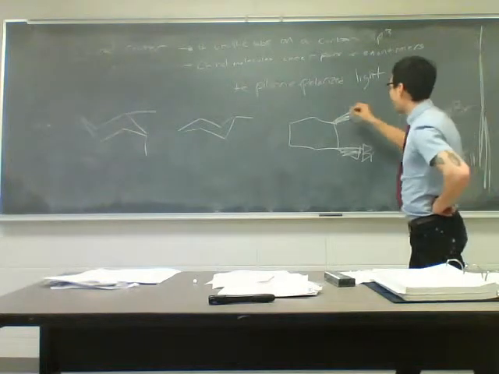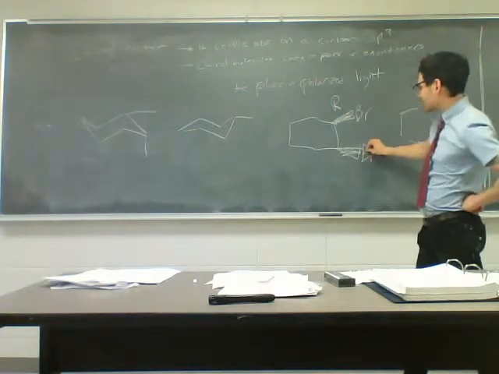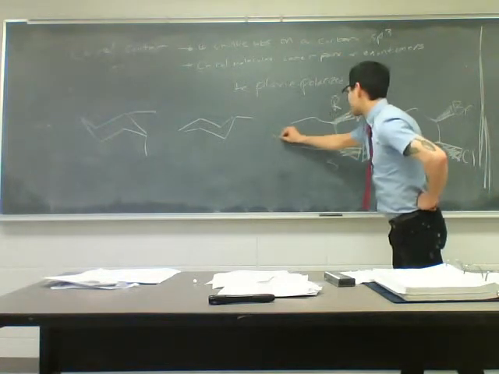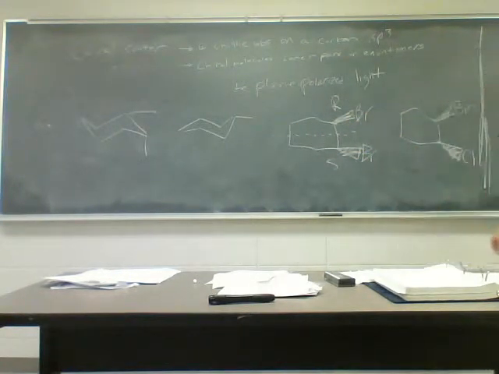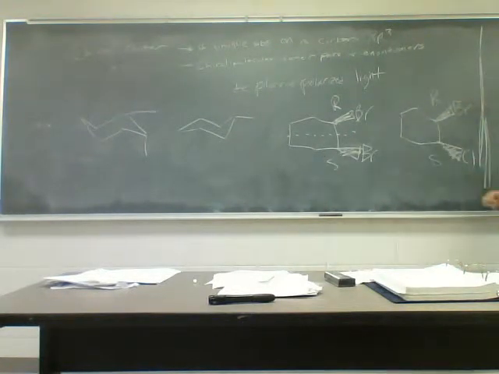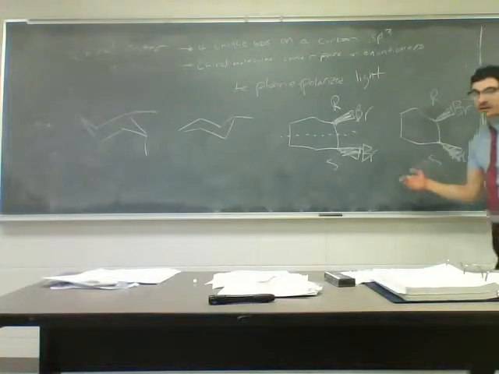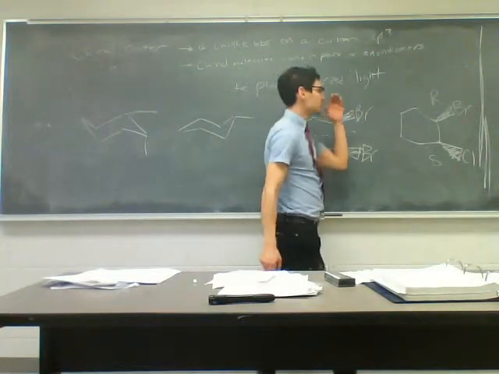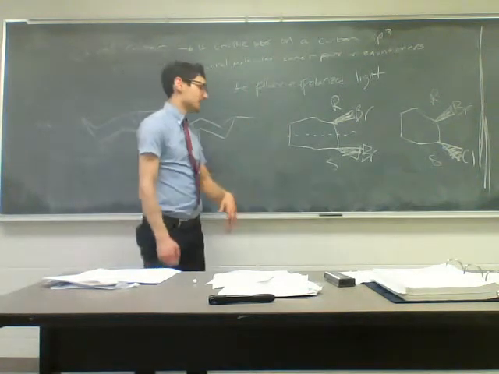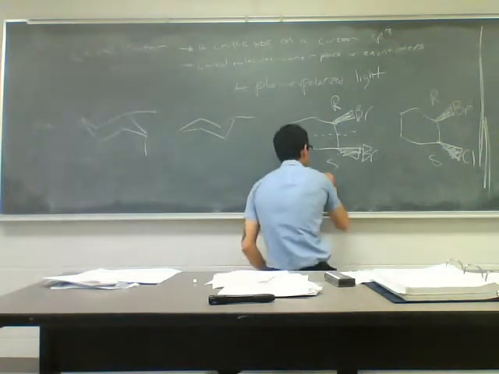So this is R. Here, top priority, second priority, third priority, 1, 2, 3. This is S. And we can see the symmetry chopping it in half that way. Here we still have the R and S, but we lack symmetry. Since we have unique chiral centers, this is not going to be a meso compound. This one will be meso.